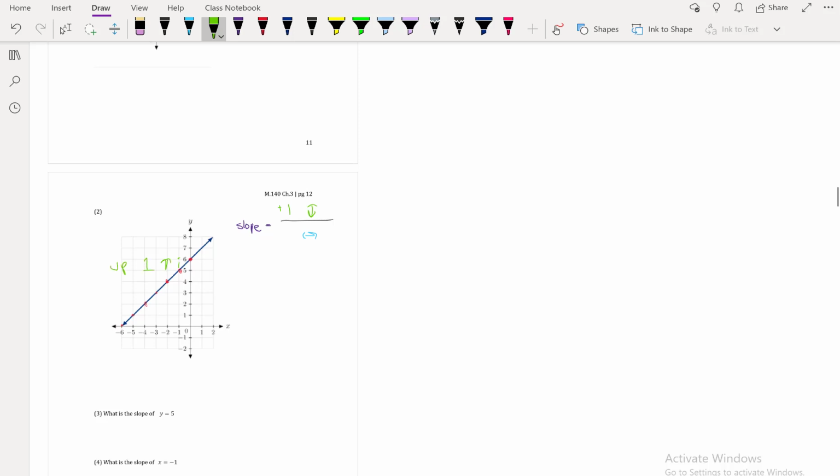You went up 1, and it looks like you went to the right 1. It's a very small distance, but you still have to go. You went to the right 1, so that's a positive. So your slope, m, is equal to 1. If you look at the fraction, 1 over 1 reduces to 1.